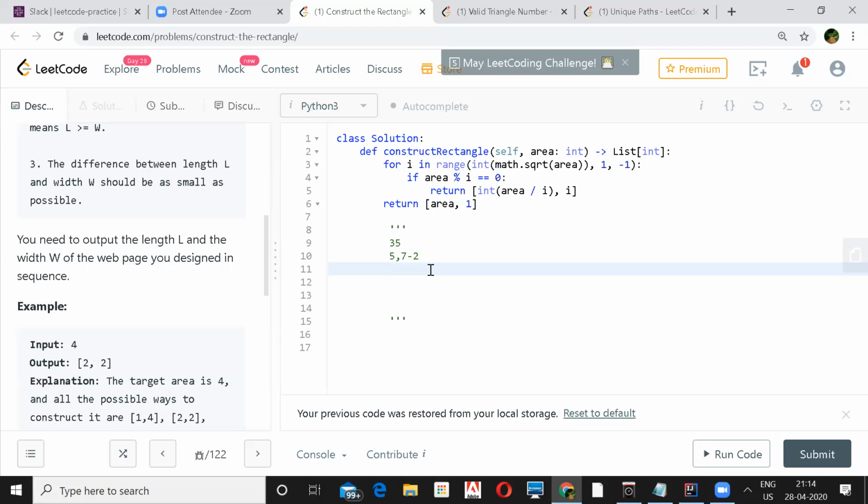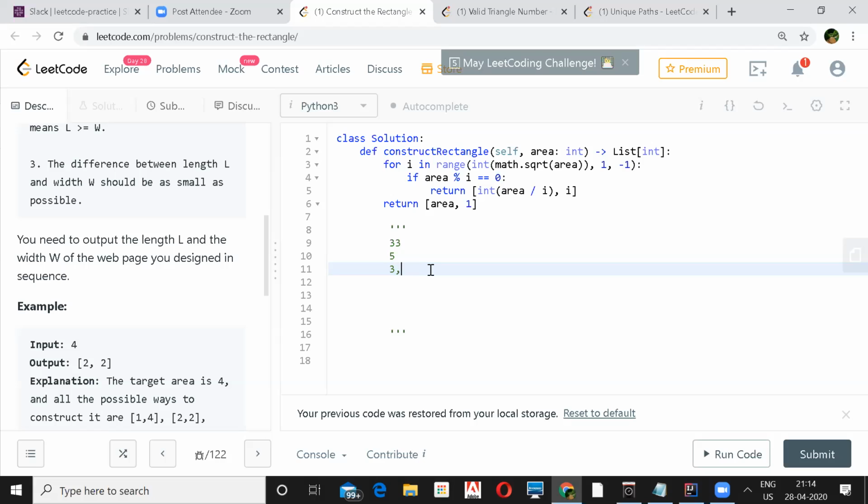Take some bigger number like 33. The square root is still 5, right? 33 won't divide by 5, so you will go for 4, which also doesn't divide. 3 will divide 33.